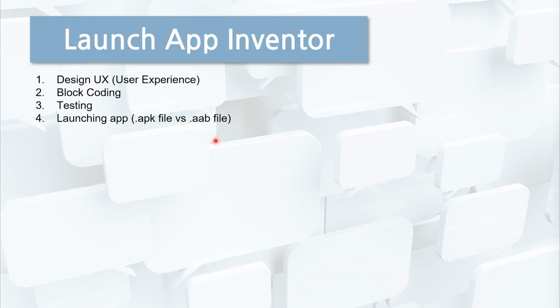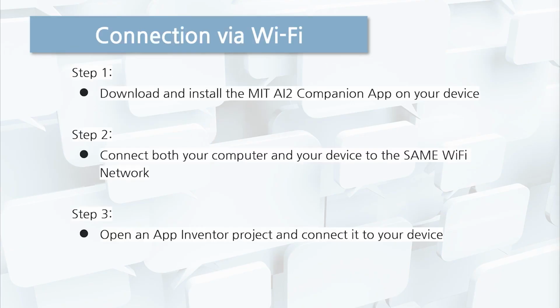Okay. From now, connect the phone through the AI2 Companion and run the program on the connected phone so that you can check the test result. In order to do this, a three-step process is required. The first step, download and install the MIT AI2 Companion application on your device.